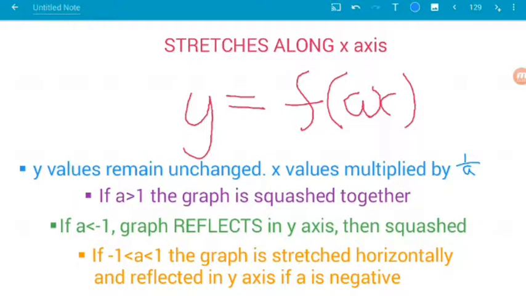Now, if a is between minus 1 and 1, then the graph gets stretched horizontally along the x-axis, and if a is negative, then the graph gets reflected as well. Okay, so those are our rules. Let's have a look at doing some of these with y equals sine of x and then transforming those.